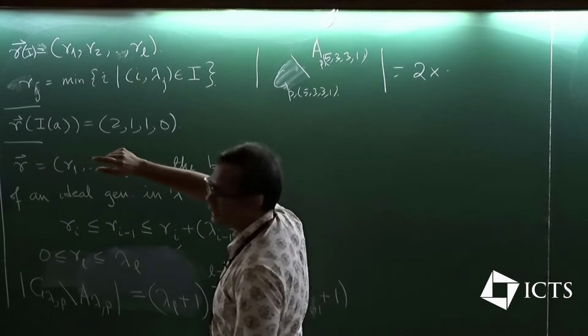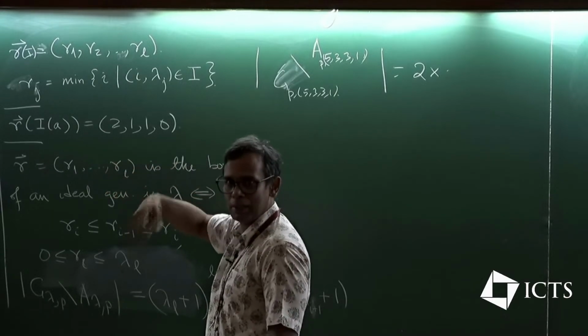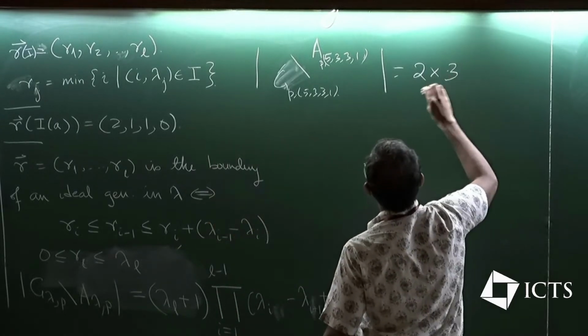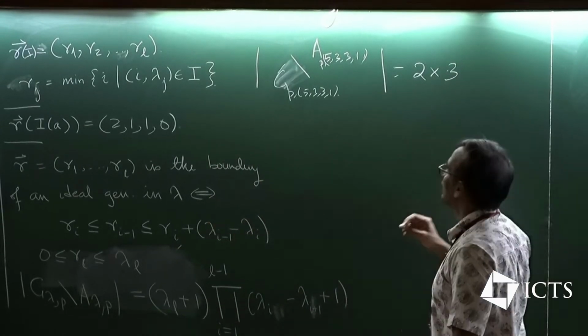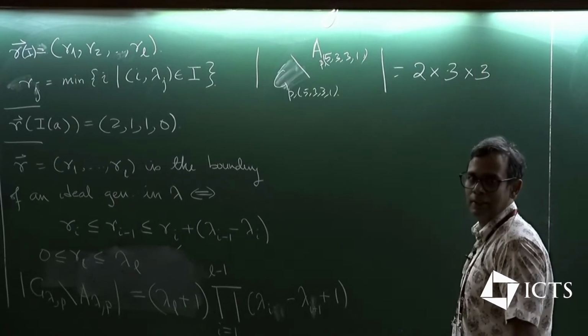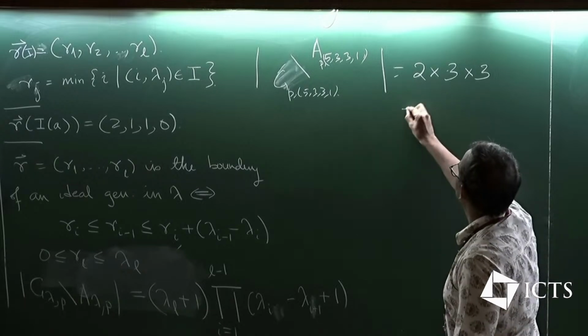The next one is 3. So 3 minus 1 plus 1, which is 3. Then the next is 3 minus 3 plus 1, which is 1. And then there's 5 minus, and so there's totally 12 orbits.